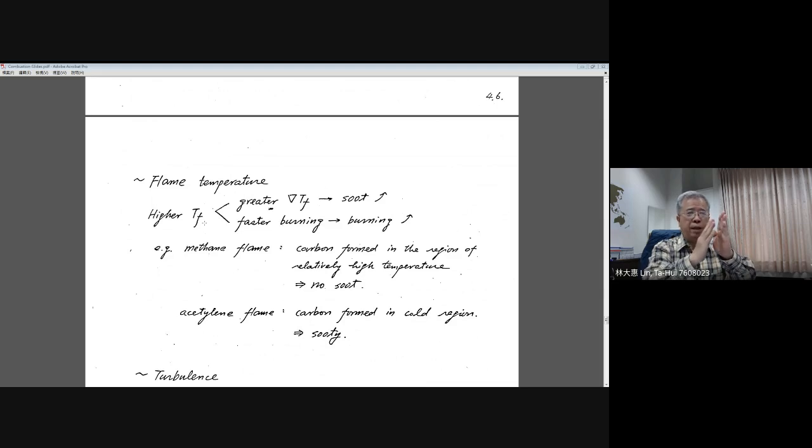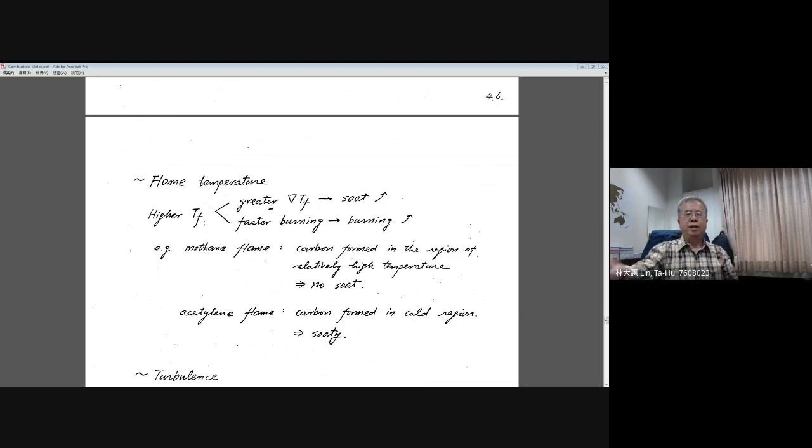But since you are very close to the diffusion flame, you experience high temperature. That is one thing. The other thing is you are very close to the boundary between oxygen and the fuel, which means oxygen is easier to diffuse to the vicinity of the fuel side, and this effect will promote the burning.